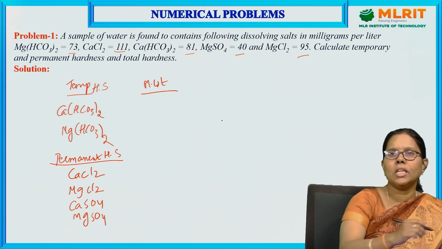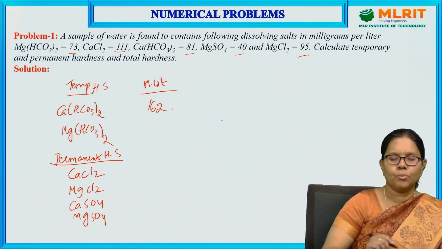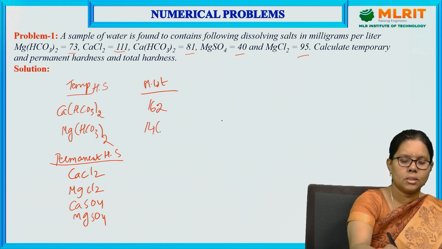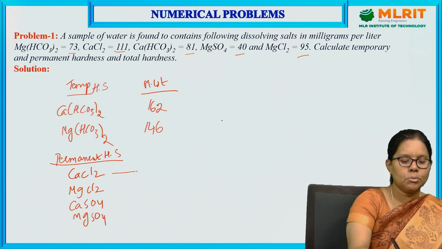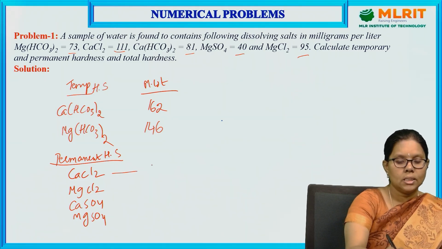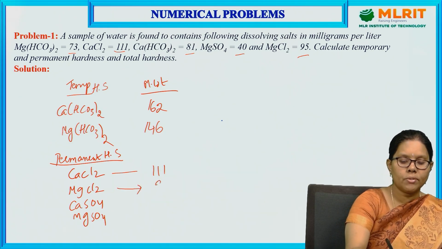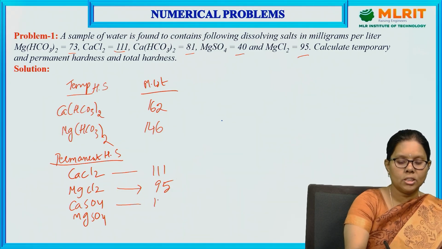Calcium bicarbonate is 162 and magnesium bicarbonate is 146. Similarly, calcium chloride is 111 and magnesium chloride is 95. Calcium sulfate is 136 and magnesium sulfate is 120.